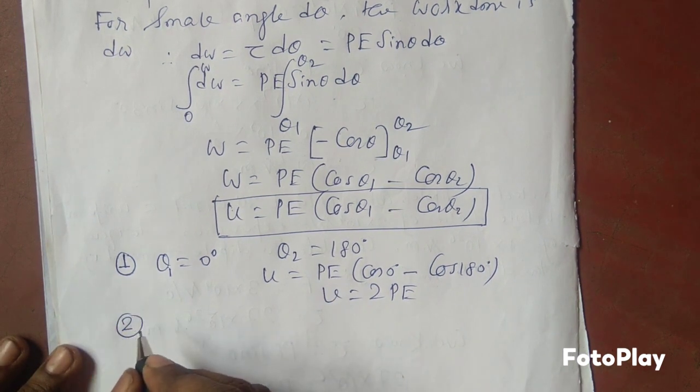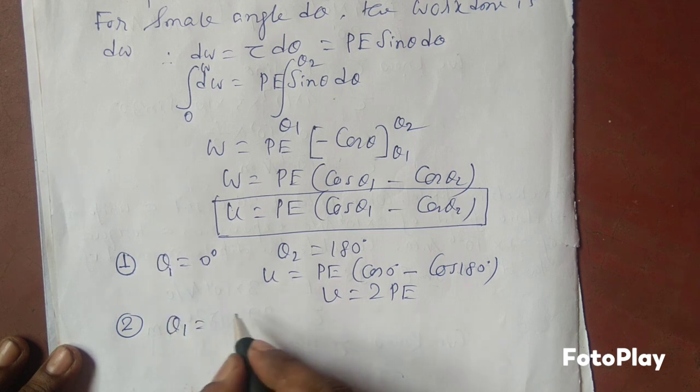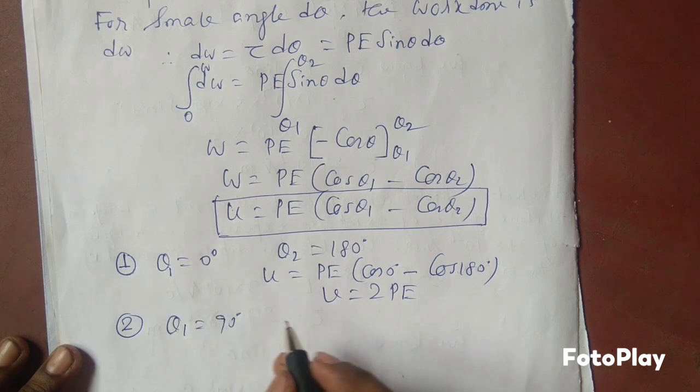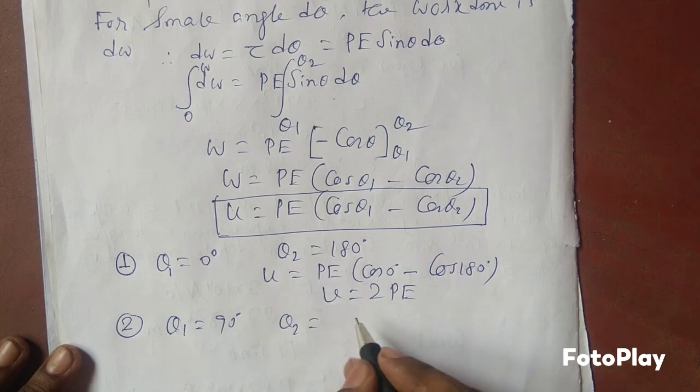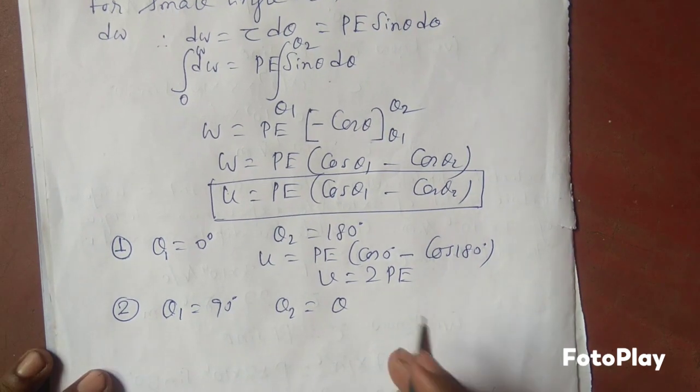Condition 2, that is theta 1 equal to 90 degree and theta 2 equal to theta.